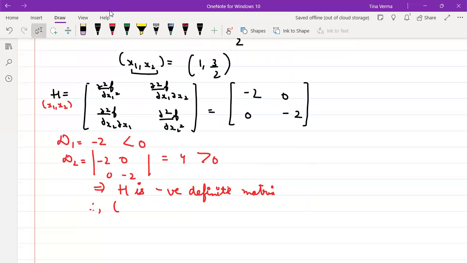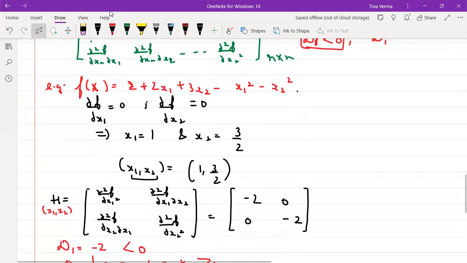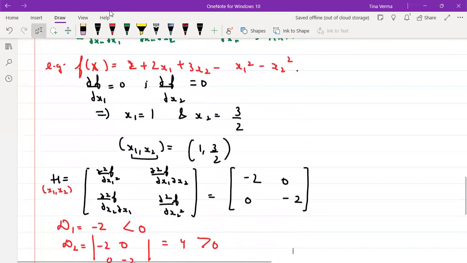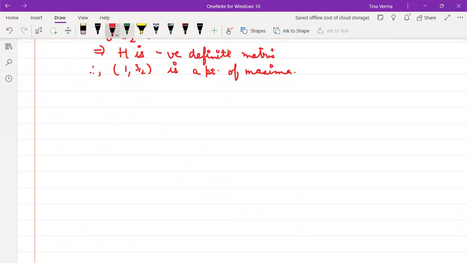Therefore, the point (1, 3/2) is a point of maxima. Clear? The question was to identify the stationary point and its nature, right?